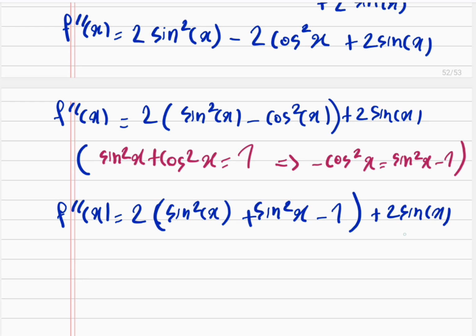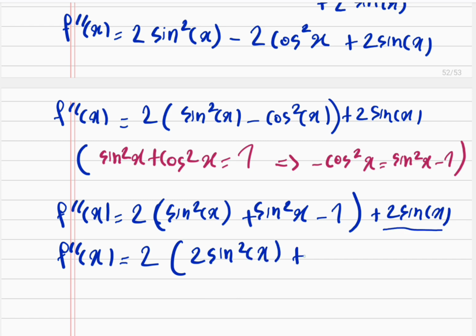But yeah, now I'm going to include sine x in the factorization, which gives us an even nicer form. So 2 times, by the way, we have sine squared x plus sine squared x, which is 2 sine squared x. And if we include this term, we'll have a sine x term, and this minus 1 times.